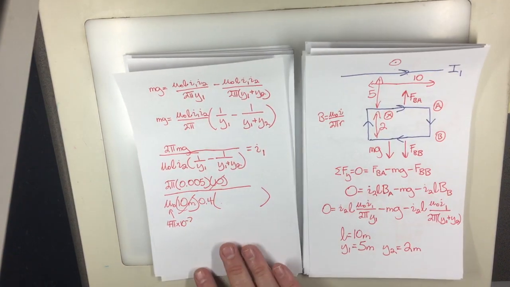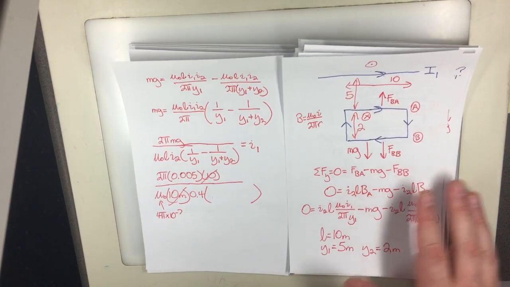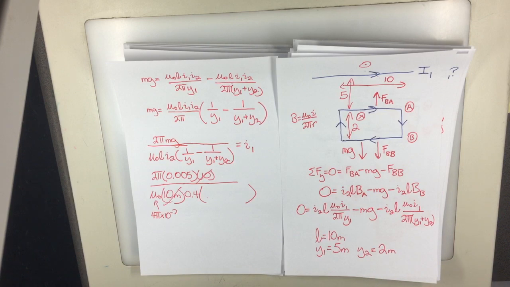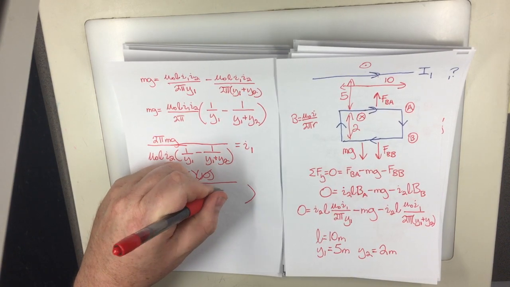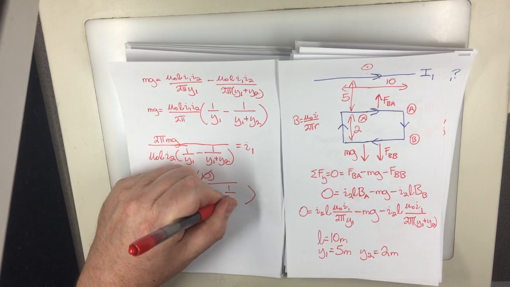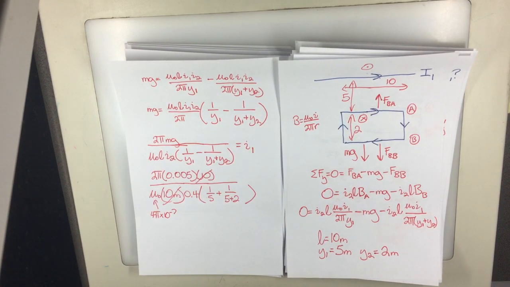So 10. So this means I have 1 over 5 plus 1 over 5 plus 2. And that gives me who knows.